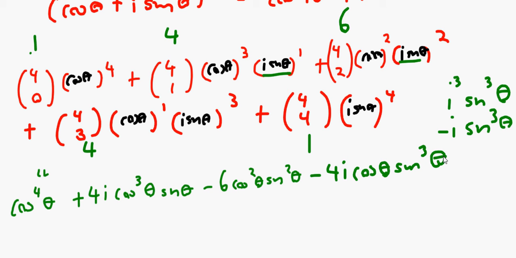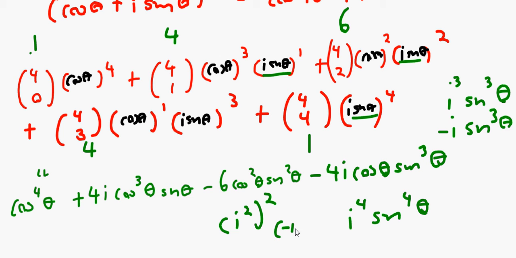You all okay with that? Ben, show them after you drink. Now what's next? What's i to the power of 4 sine theta to the power of 4? What's i to the power of 4? i squared, squared. And what's i squared squared? It's minus 1 squared. And what's minus 1 squared? Just 1. Okay. So that is just going to be sine to the power of 4 theta.